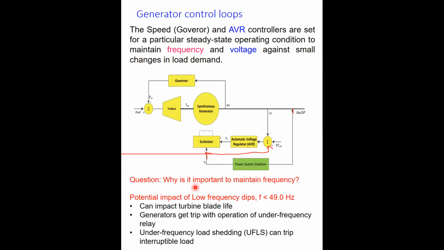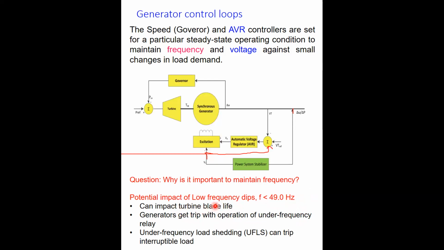Now, the first question should be why it is important to maintain the frequency. Because if your frequency dips, let's say goes beyond 49 hertz, because nominal frequency should be 50 hertz, then it may have some impact on the operational life of the turbine blade.